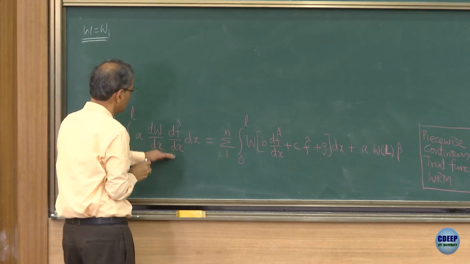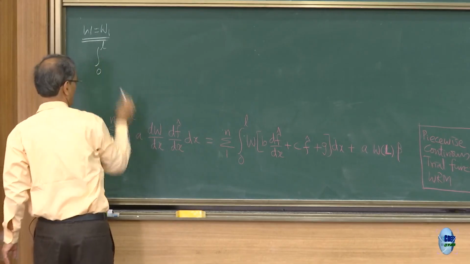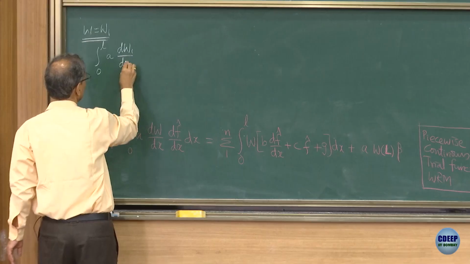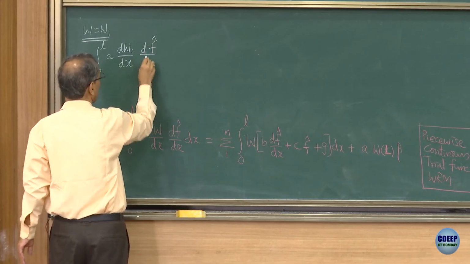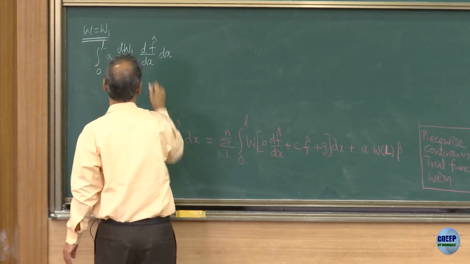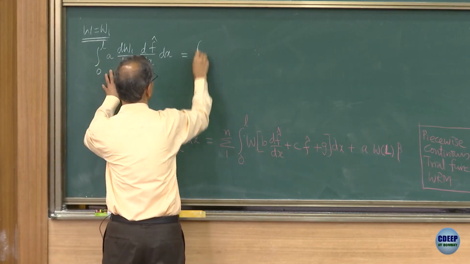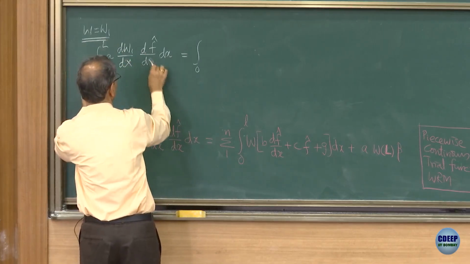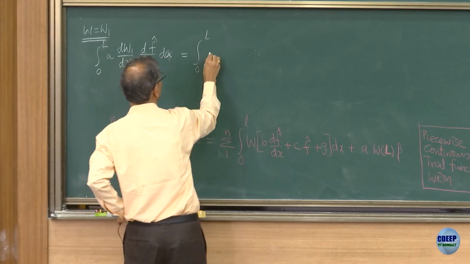Let's focus on the LHS first. Integral 0 to L, A dW1 by dx, df hat by dx. First term I will write fully, rest of them I will directly substitute. This would be for us 0 to capital L, given as 0 to L over the first element.